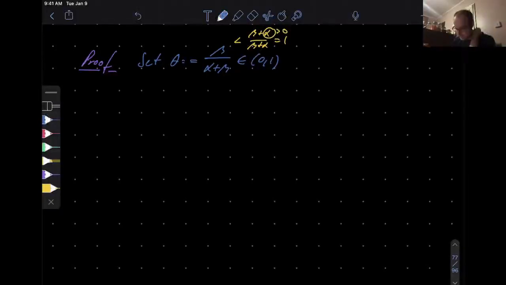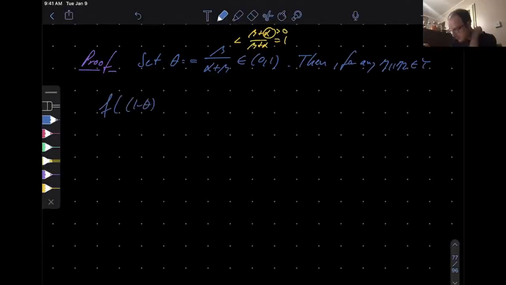So definitely this is a parameter in (0, 1). All right, then for any y1, y2 in Y, let's look at f of (1 minus theta) y1 plus theta y2.